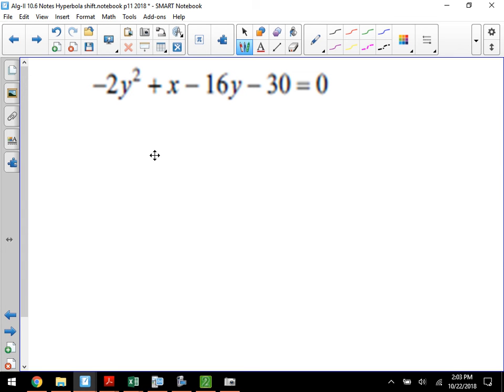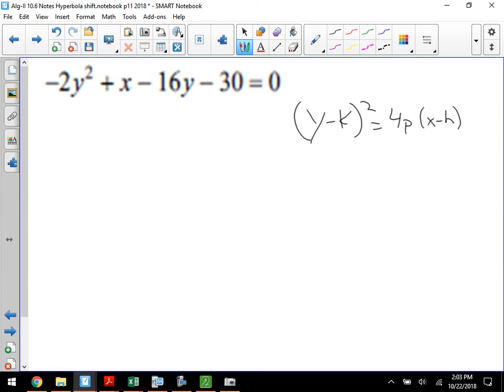It's got to be a parabola. More specifically, which type? It's a y squared parabola. It has to be a y squared parabola because there's just a y squared. So we know that it's going to be a y minus k quantity squared equals 4p times x minus h. So somehow, some way, we have to get it to look like this.